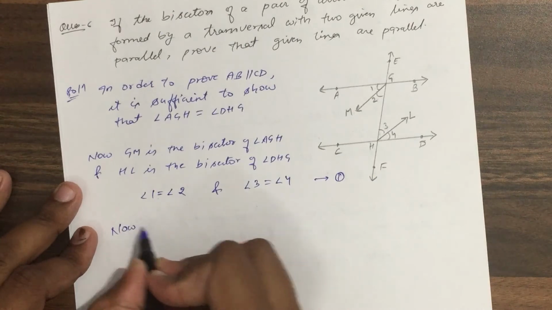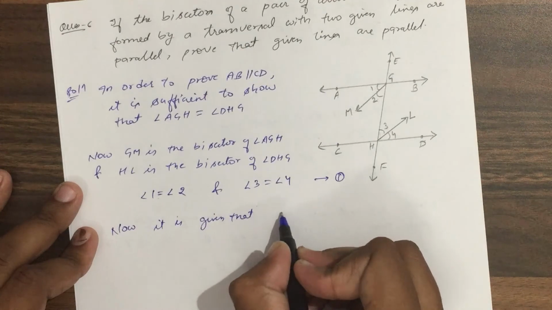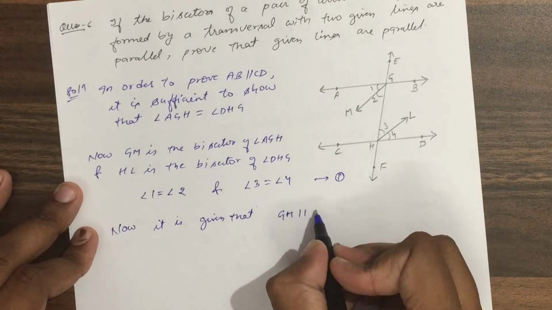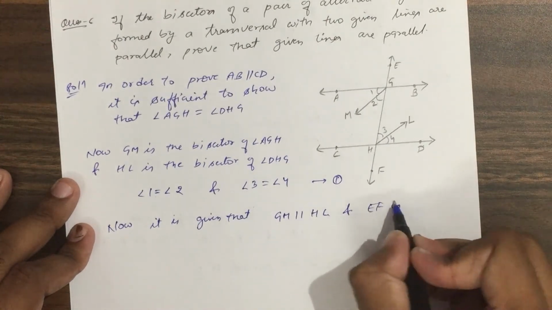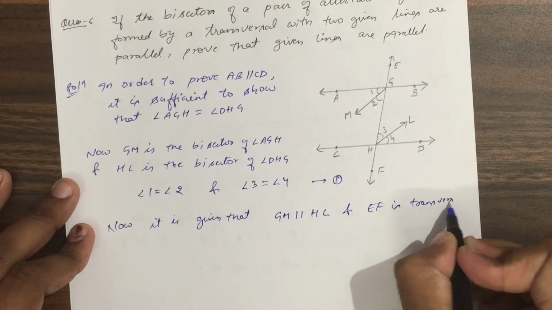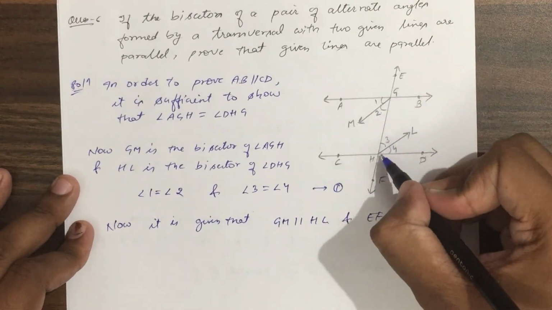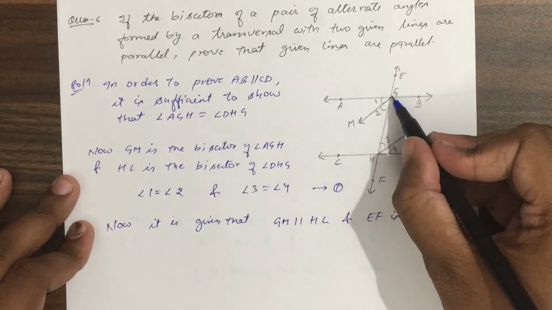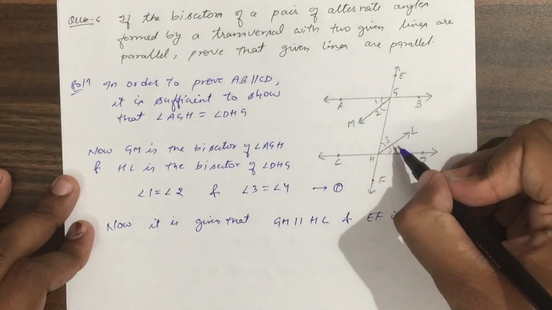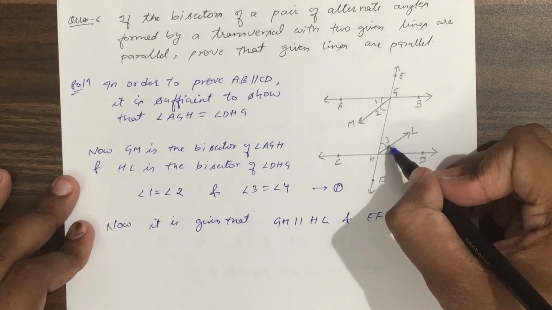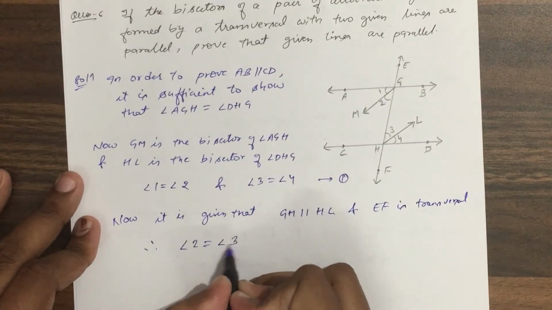Now it is given that GM is parallel to HL and EF is transversal. So angle 2 will be equal to angle 3. Why? Because they are alternate angles.